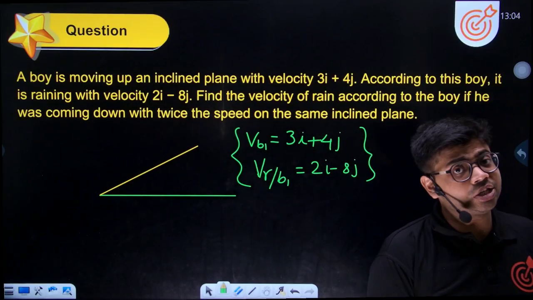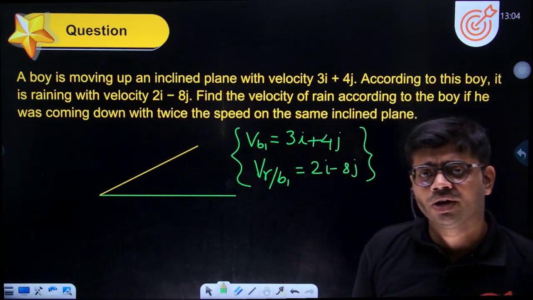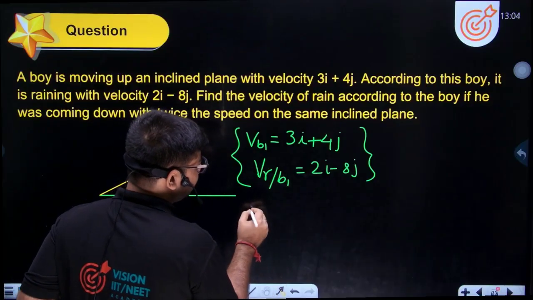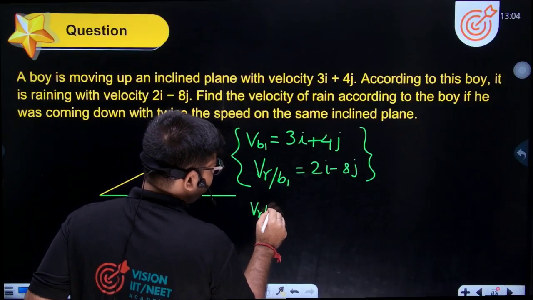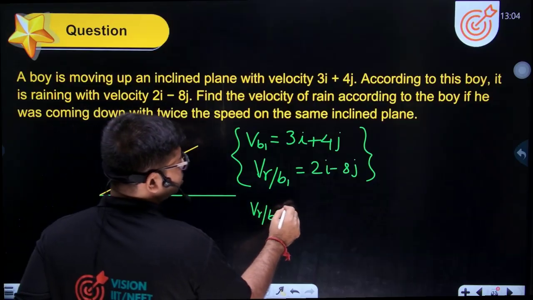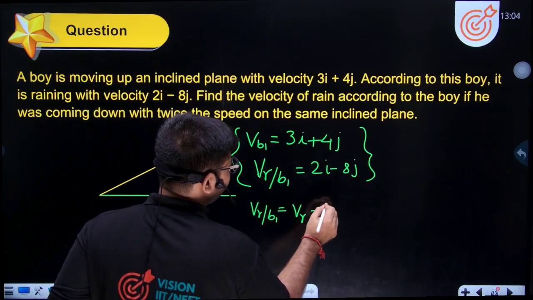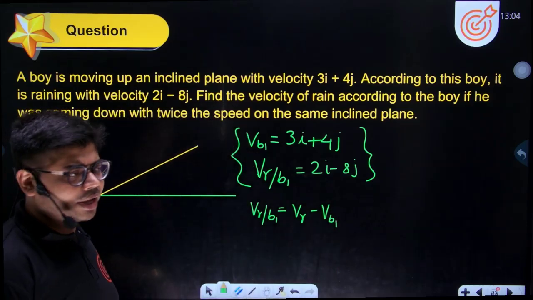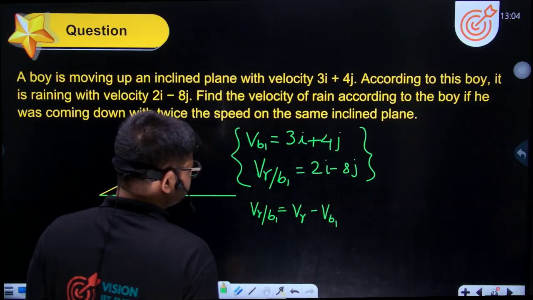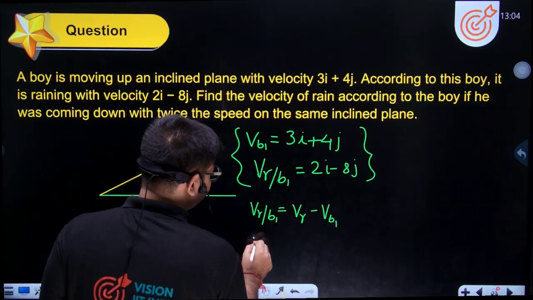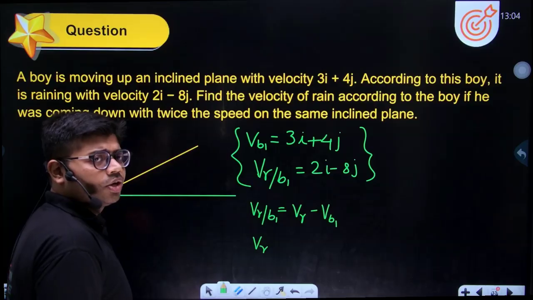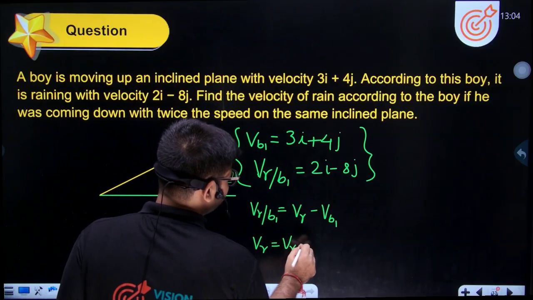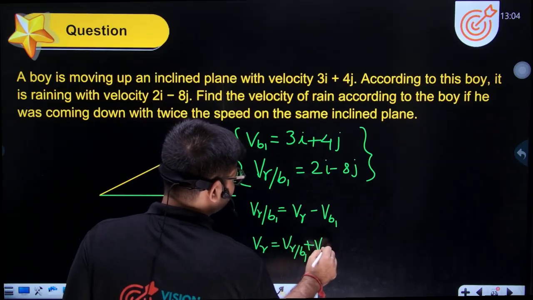From these two pieces of information I can find the velocity of the rain with respect to the ground. From relative velocity concepts, VRB1, the velocity of the rain with respect to the boy, is the velocity of the rain minus the velocity of the boy. So VR, the velocity of the rain with respect to the ground, is VRB1 plus VB1.